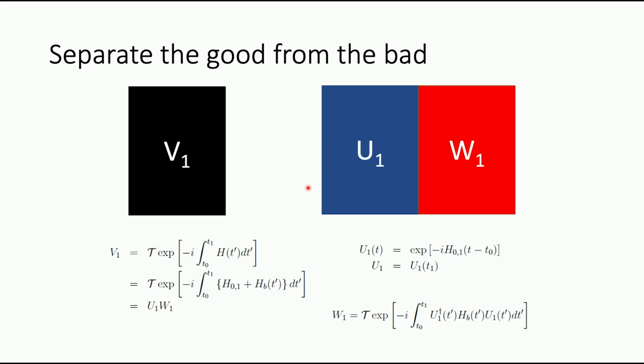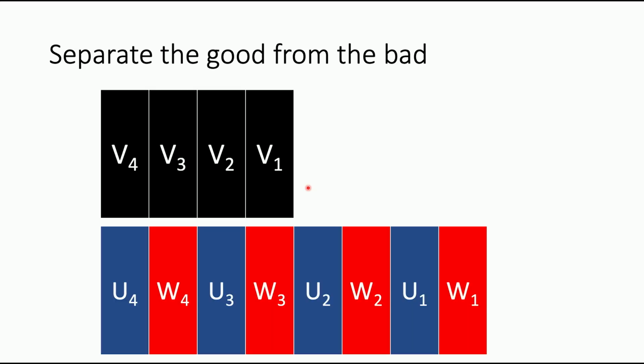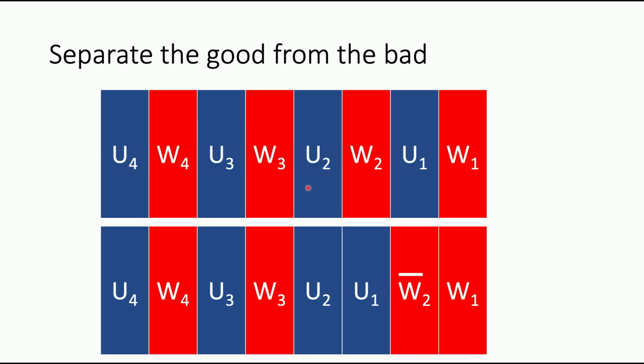V1 is the unitary that I get if I just turn on my gates, thinking I'm doing U1 and not knowing about the bad Hamiltonian. And so I can basically pull the bad Hamiltonian part through, and I get this W1, which is unwanted evolution. And if you have a whole bunch of gates, you basically just move, right? So if I look at the end here, I'm just going to move W2 through U1 to W1.